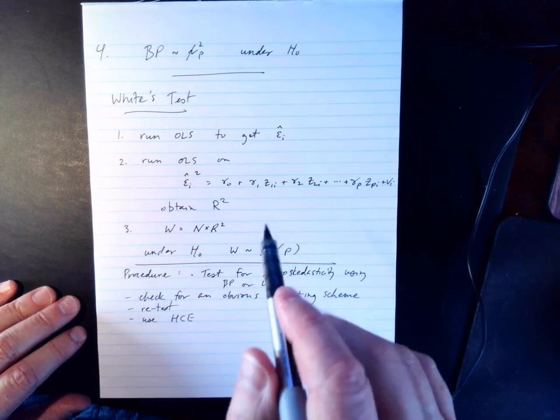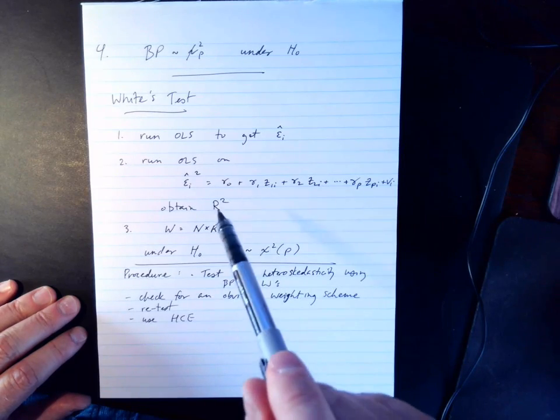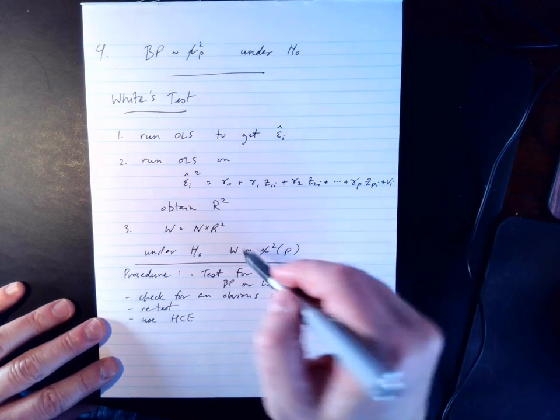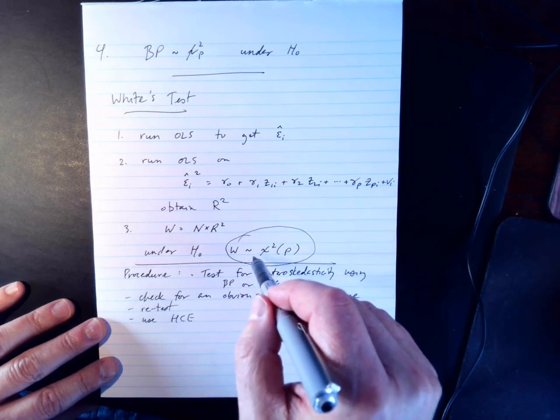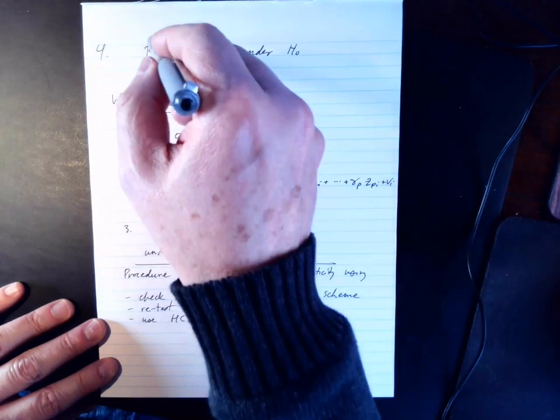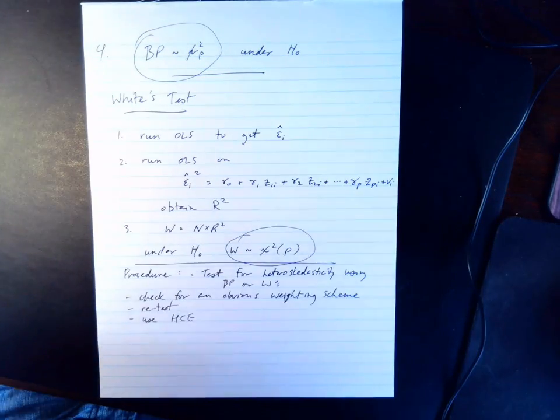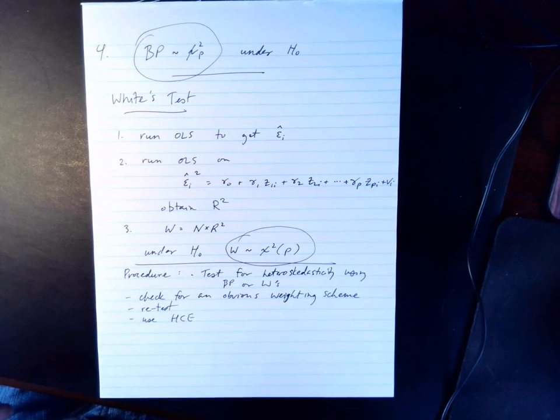Let's see, I guess the final point is it might seem strange that this is White's test statistic and it's chi-squared p, and the Breusch-Pagan is chi-squared p, but they're totally different formulas. Why is that?